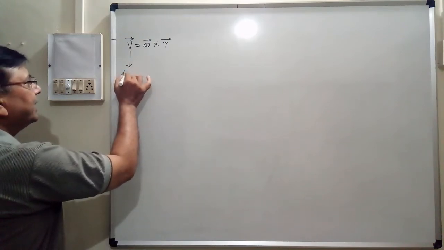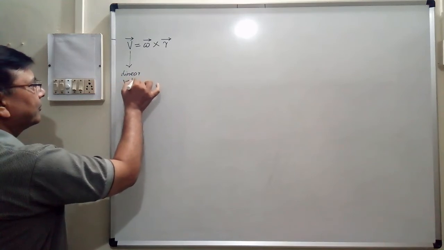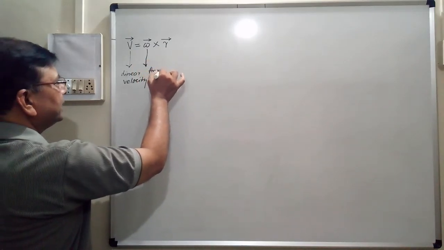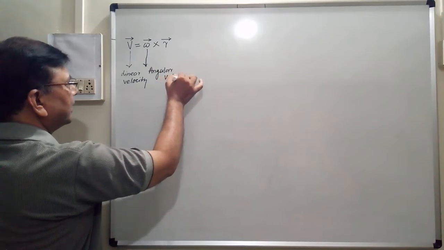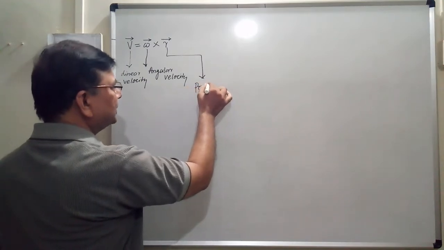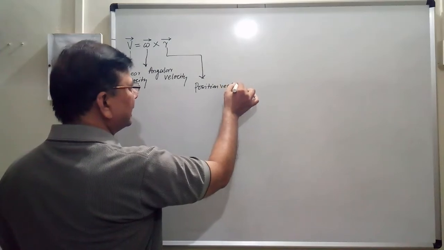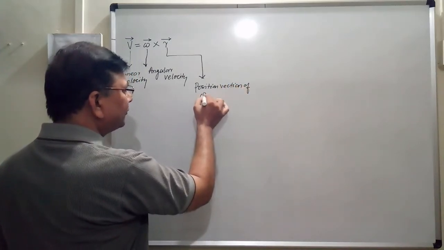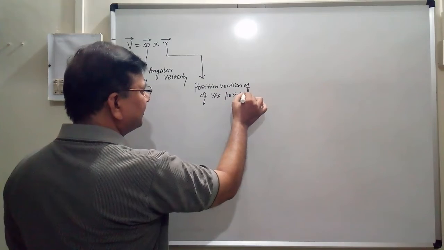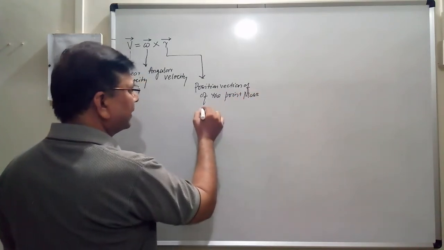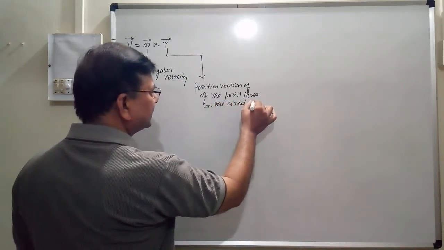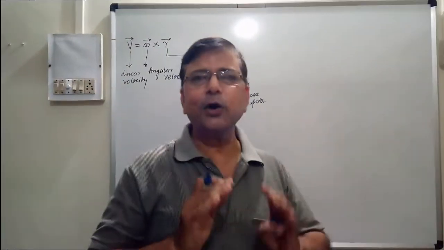It is the linear velocity, and this is angular velocity, and this is the position vector of the point mass on the circular path. Okay?